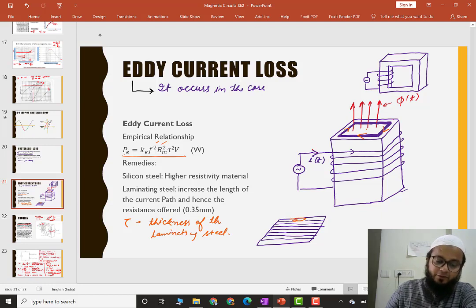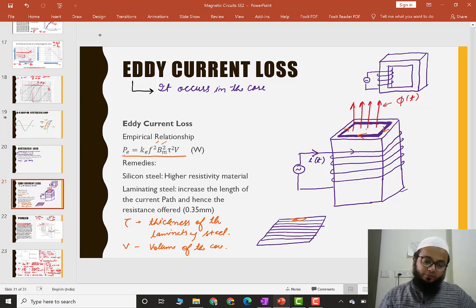V is the volume of the core, and Ke is a constant that depends upon the resistivity of the material, what kind of material I'm using. So this is what the eddy current loss is.